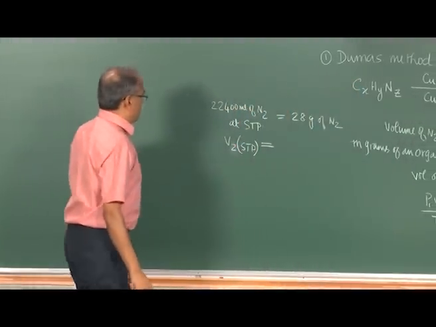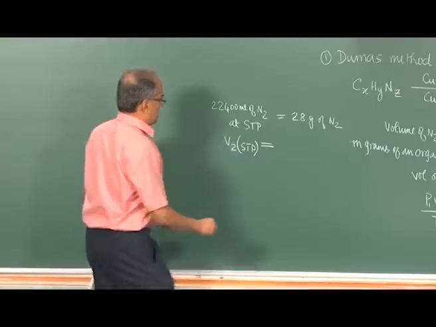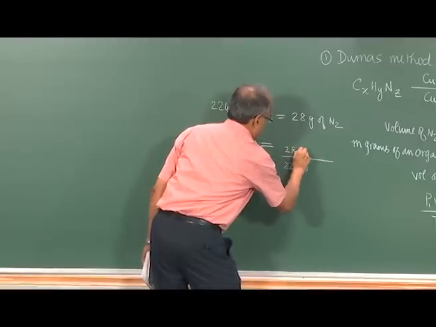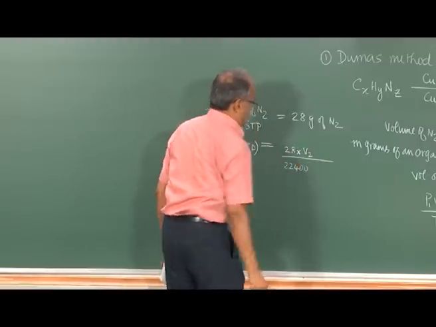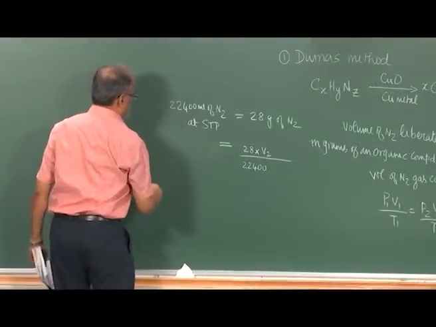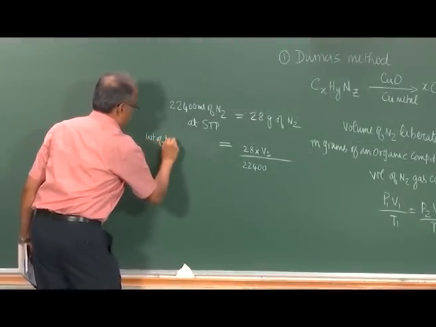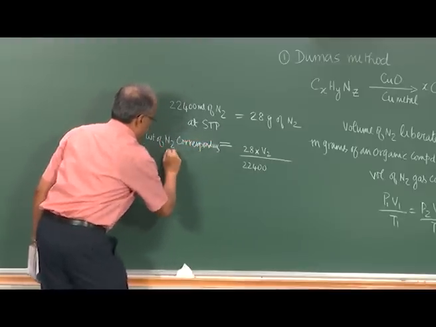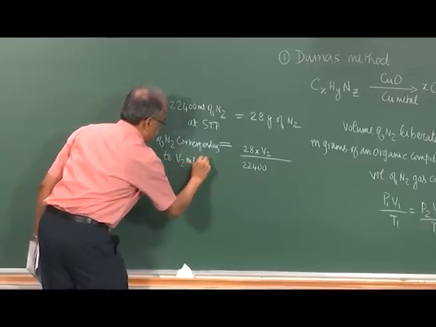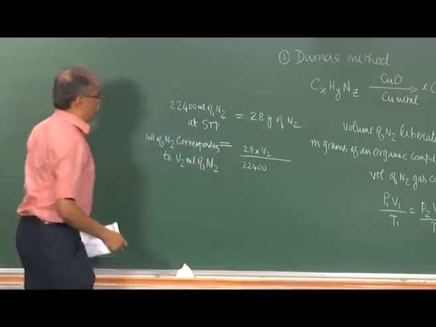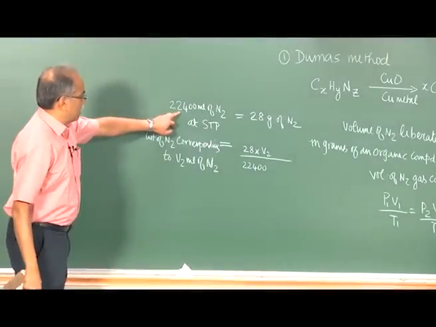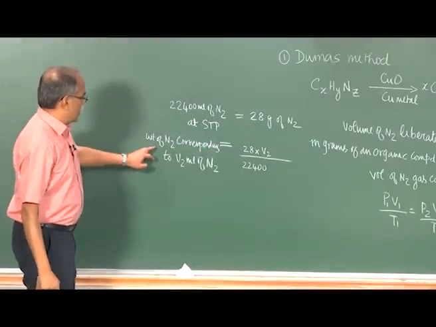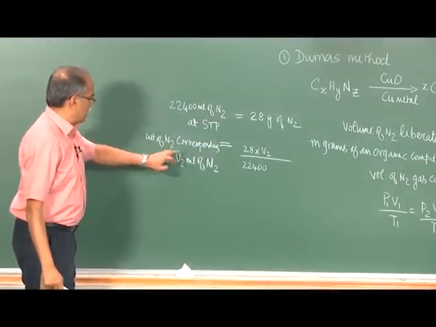If 22,400 ml corresponds to 28 grams, then for V2 ml of nitrogen, how much will be the corresponding weight of nitrogen?